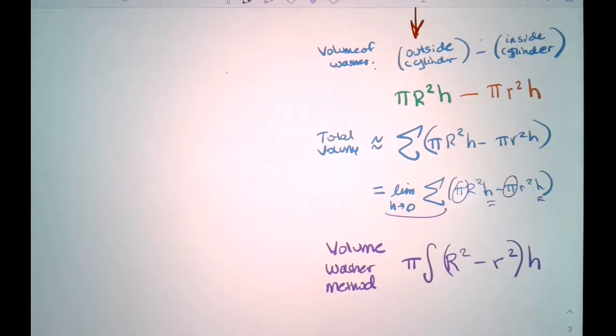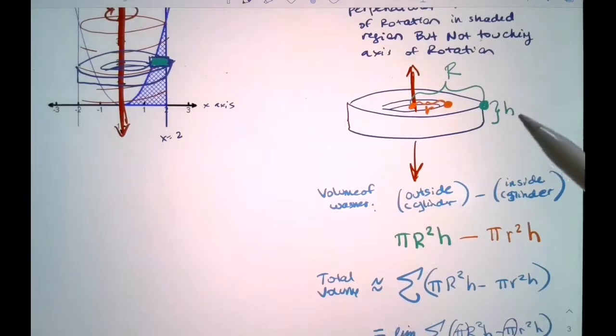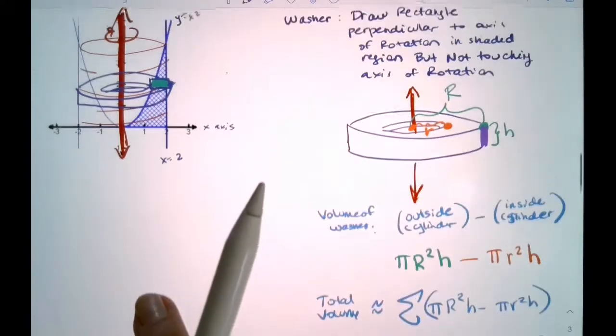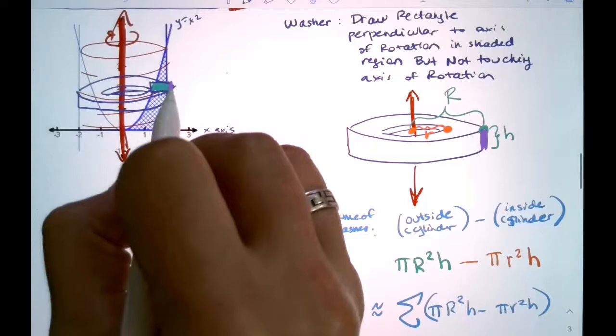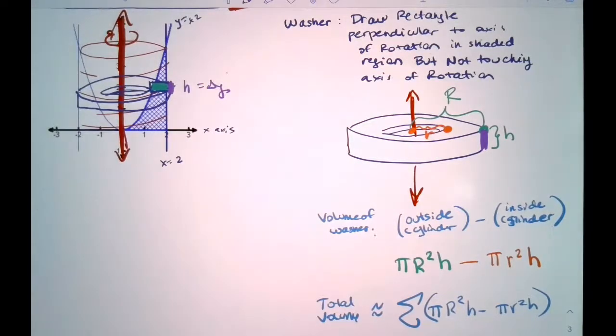Let's go back up to our image. H is drawn in this particular way, which is the orientation we have here. So here's h on my geometric presentation of that washer. And if I slide back to this image, here's h. H is actually some really small change in the y value.